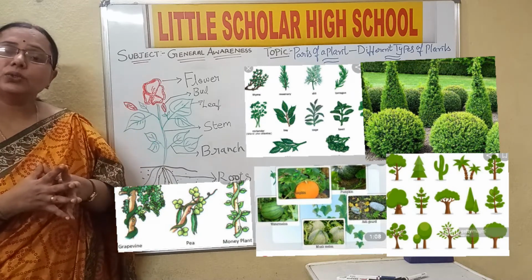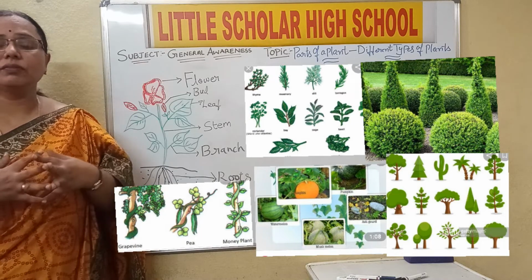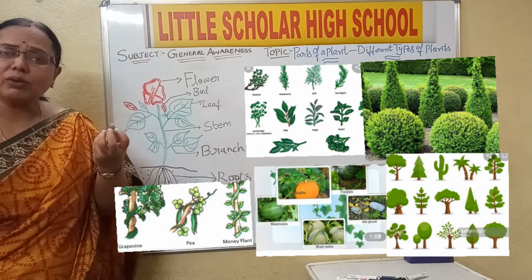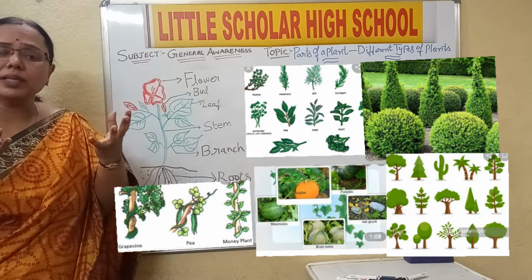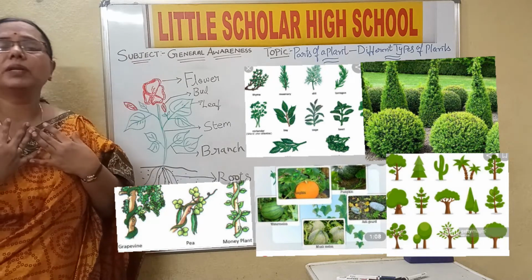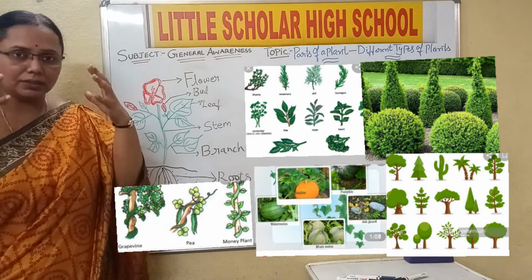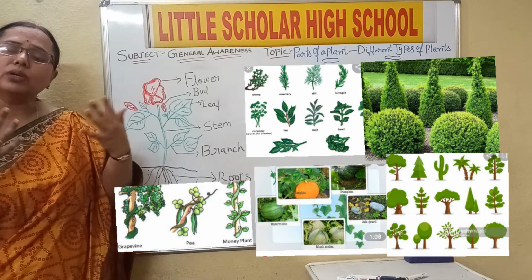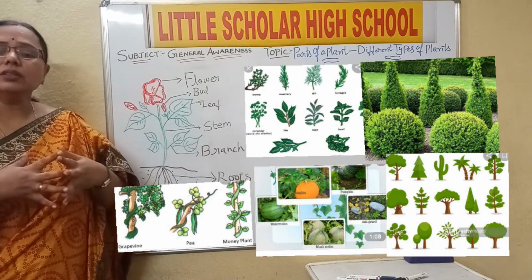Okay, and it gives a very beautiful look also, isn't it? If you have plants in our house, there will be some flowers, some greenery, isn't it? It gives a very pleasant feeling whenever we look around at the plants or the trees.